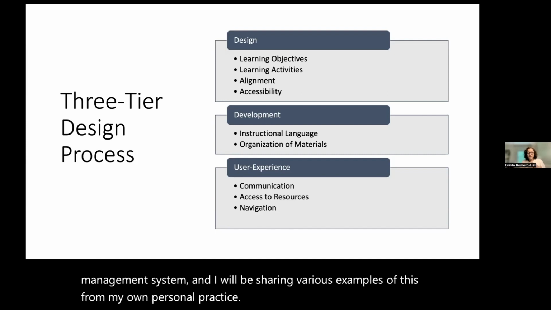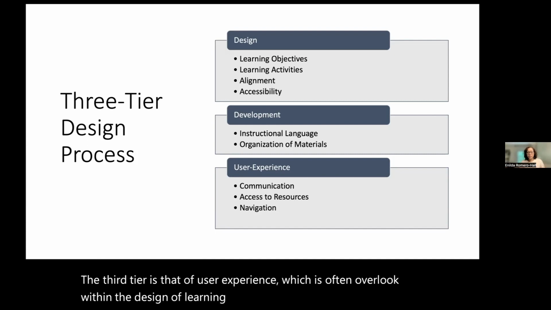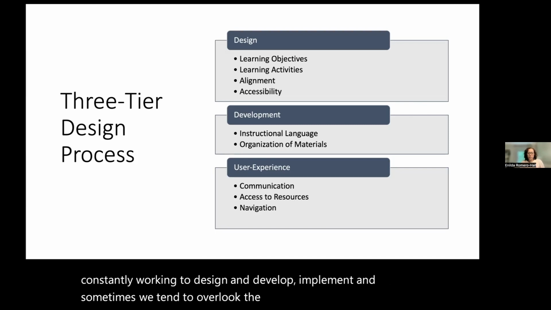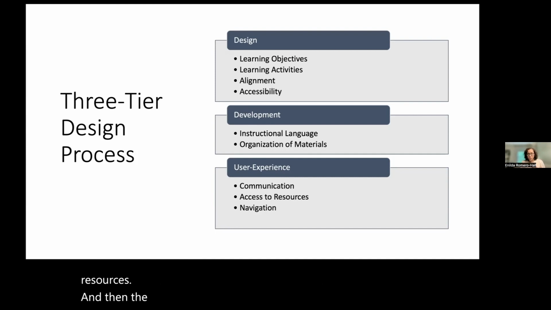The third tier is that of user experience, which is often overlooked within the design of learning experiences, because we are constantly working to design and develop, implement, and sometimes we tend to overlook the overall user experience. And these user experience elements are the communication, access to resources, and then the overall navigation of the course.